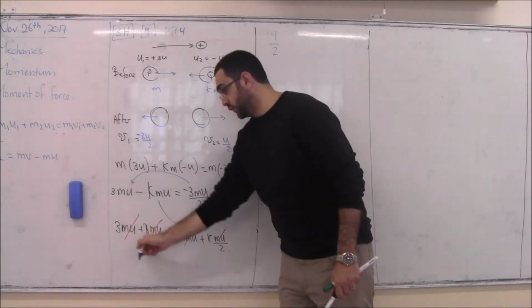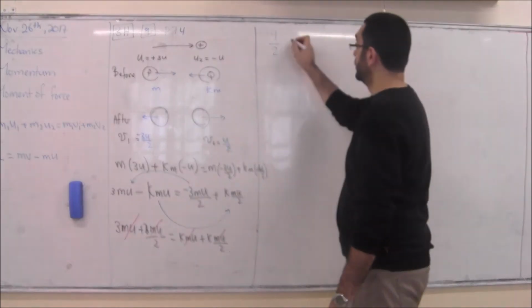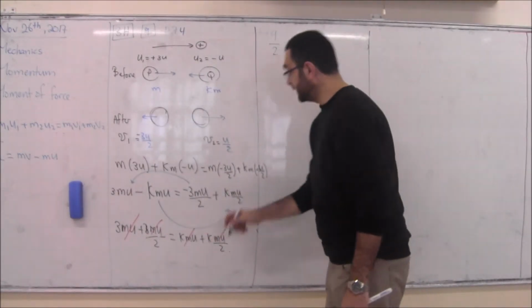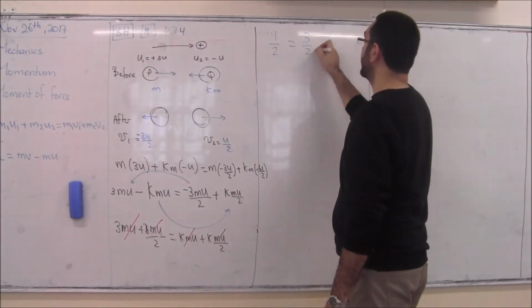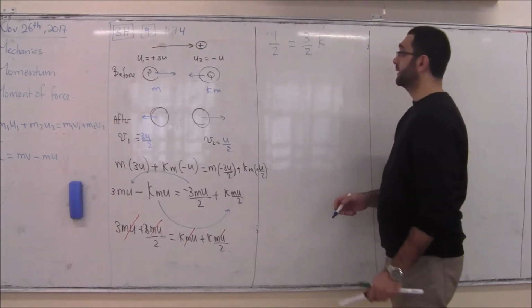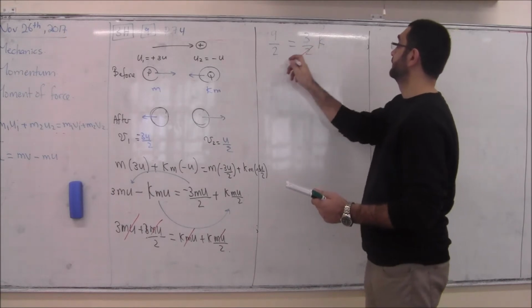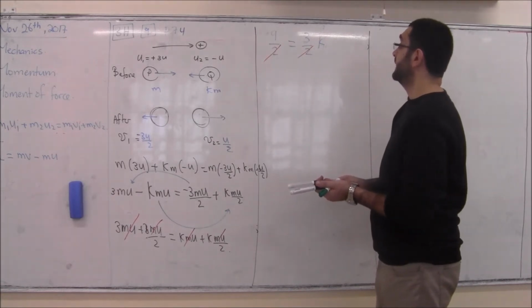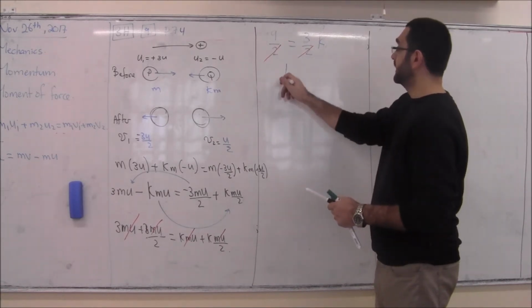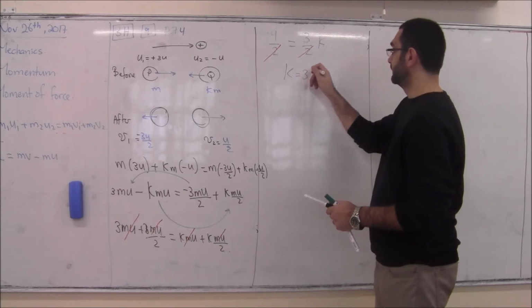This side we will have 9 over 2, this side 3 over 2 K. Then we can cancel 2. K equals 3.